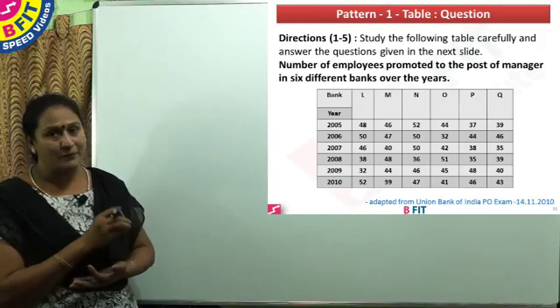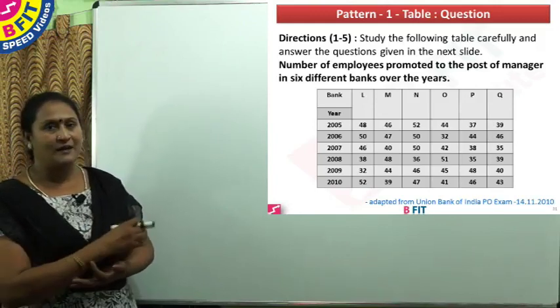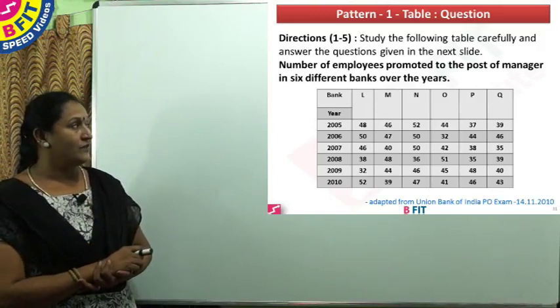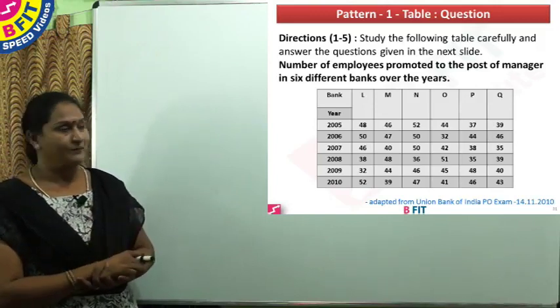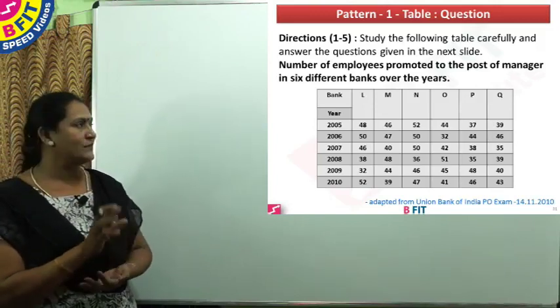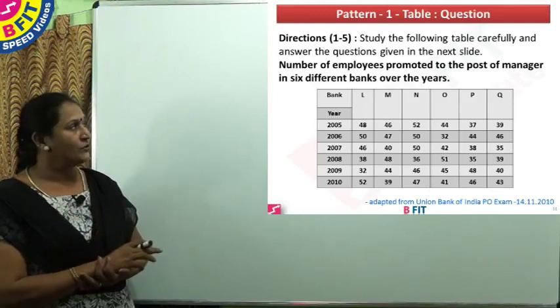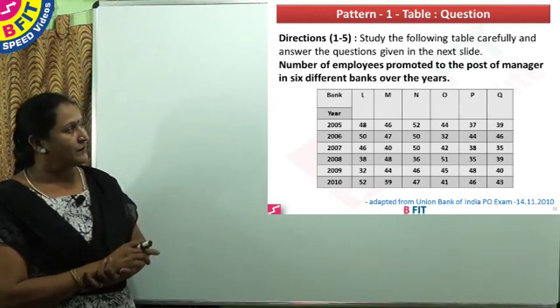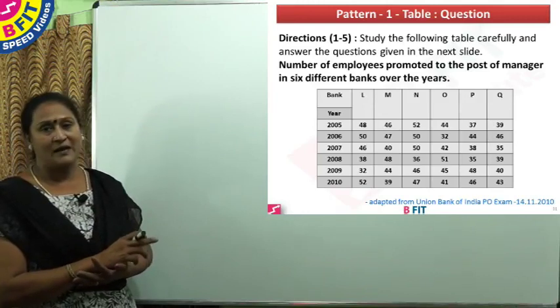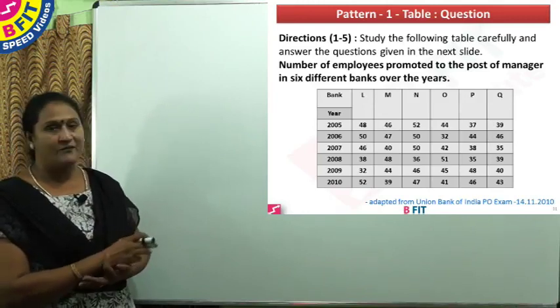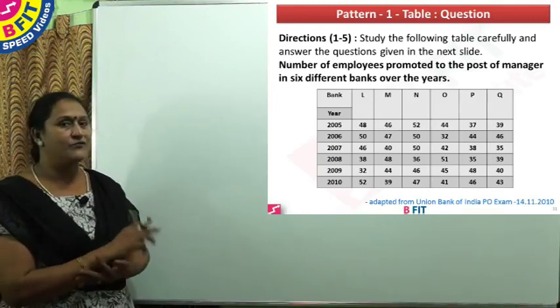The details are given in this table. We have the years in the first column, 2005 to 2010. In the first row we have the banks L, M, N, O, P and Q. And we'll see the questions which follow.